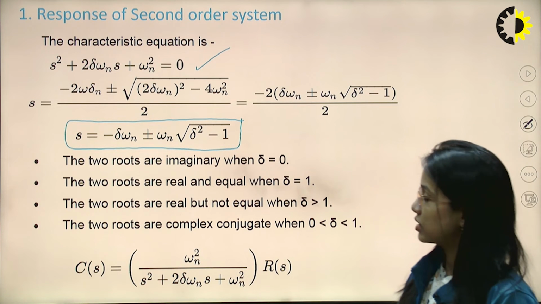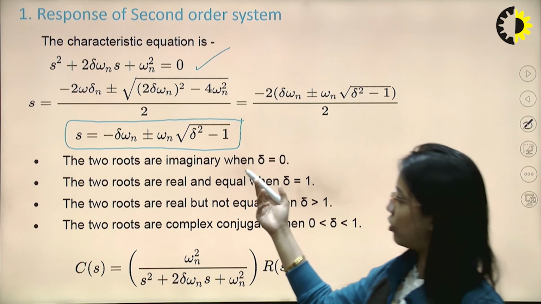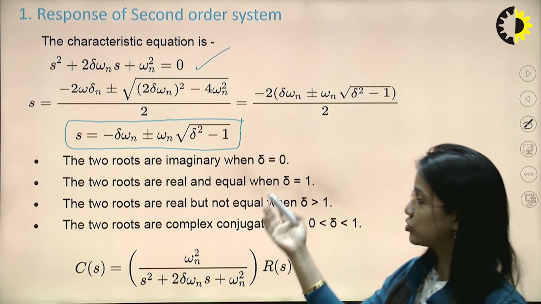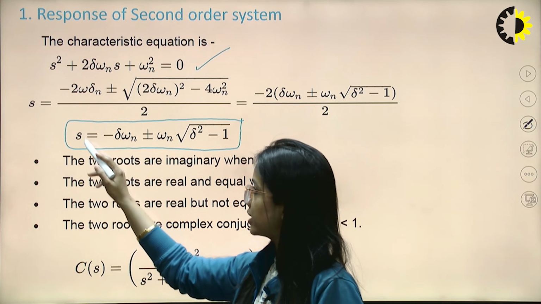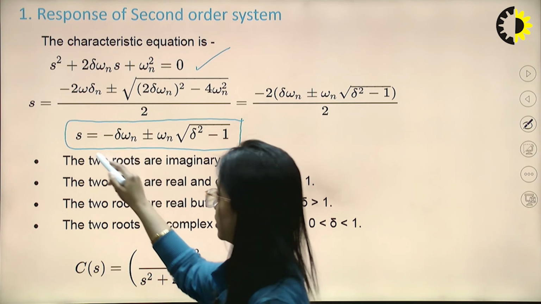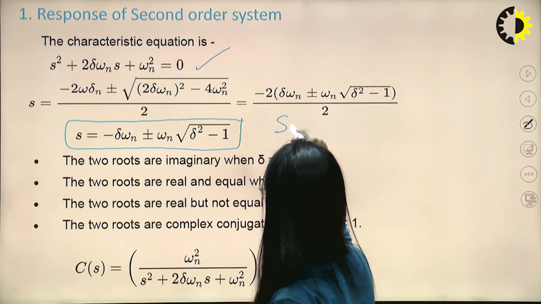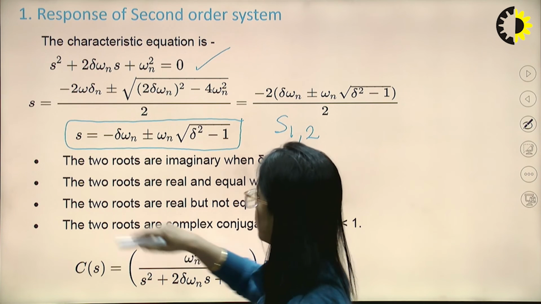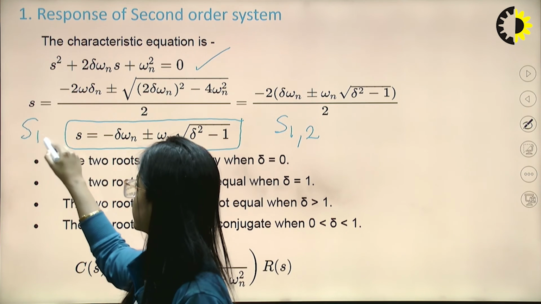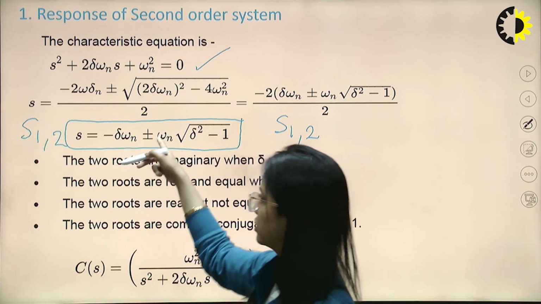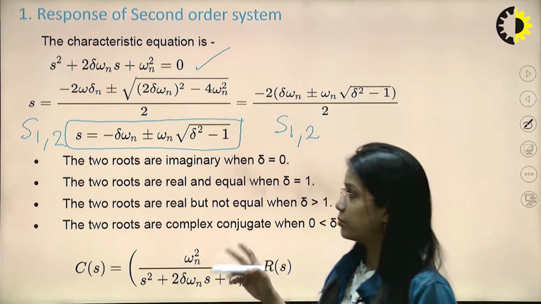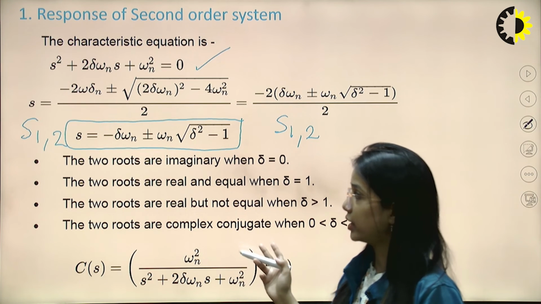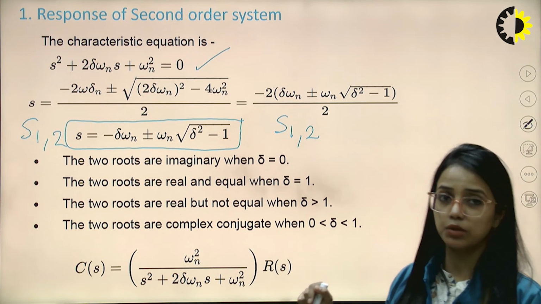So let us consider the different values of damping ratio. So for different values of damping ratio, the value of s, of course s1 and s2. Why am I calling it s1 and s2? Because these are the two roots, based on this plus minus sign. So one goes with the minus sign, minus zeta omega n minus omega n root over zeta square minus 1.